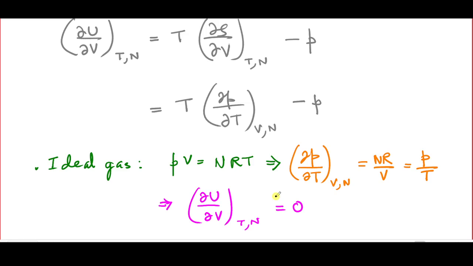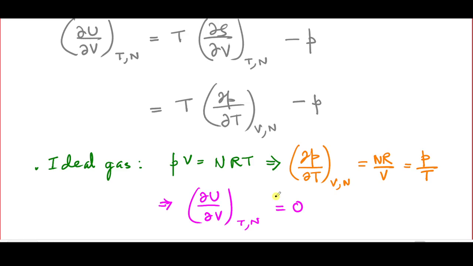Note that the microscopic picture of an ideal gas would make this statement obvious, because in an ideal gas, you have a bunch of molecules which are ideal zero volume particles moving around and they do not interact with each other except by colliding. During collisions, the net energy is conserved. That's basically what an elastic collision would do.